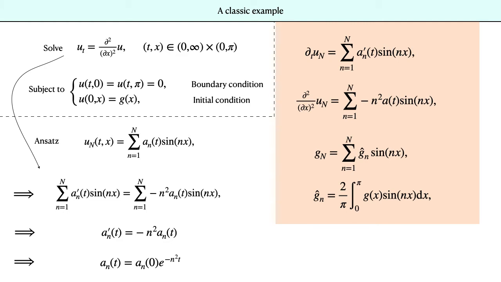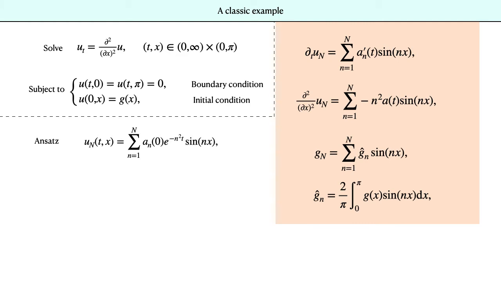We haven't used the initial condition, so we still have some parameters that we can tweak, and these parameters are the a_n of 0. Okay, so we've deduced that if our ansatz is to solve the equation, then the coefficients must take the form written at the bottom of the page, and so you can plug that into the ansatz, and our ansatz now looks like this.